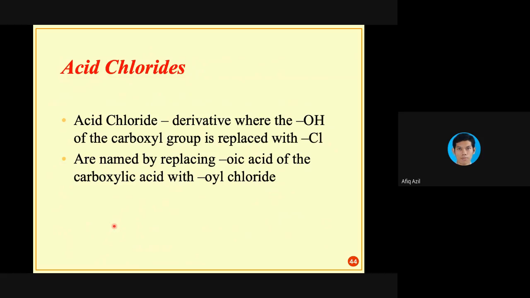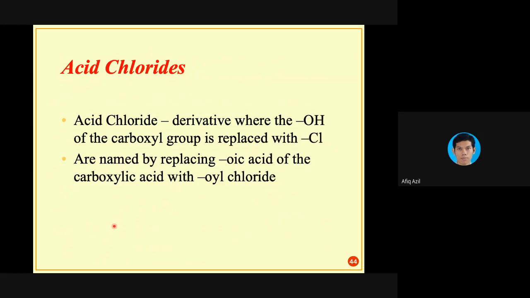And then the second type of derivative is acid chloride. We have seen the synthesis just now, in which there are three methods. You can use thionyl chloride, SOCl2, or PCl3, or in fact, you can also use PCl5, phosphorus trichloride or phosphorus pentachloride.